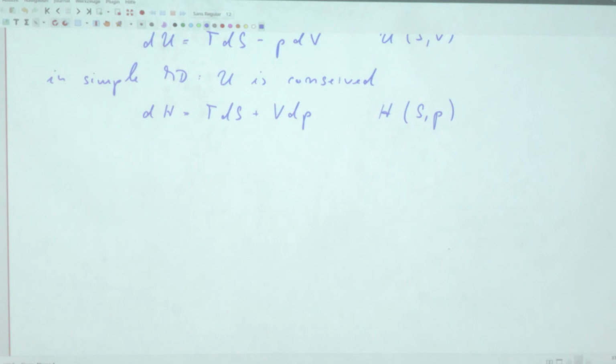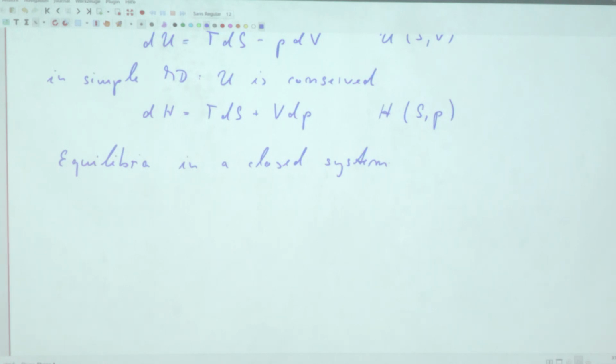And equilibria in a closed system are controlled by the entropy because in a closed system, as I explained yesterday, the entropy is always increasing or at most staying constant.